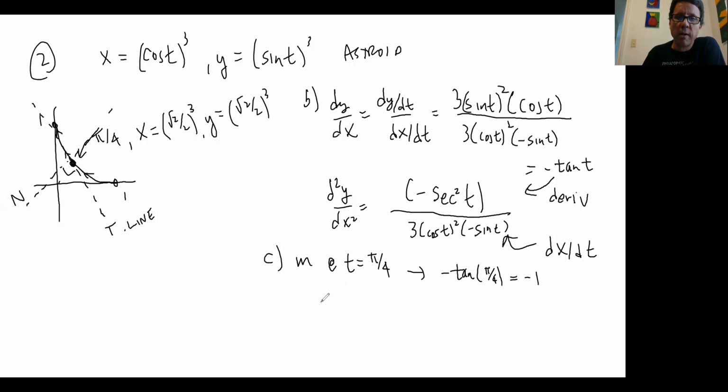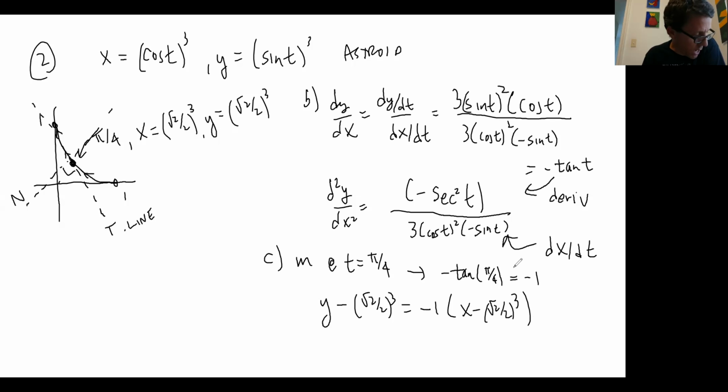So the line will be y minus the y coordinate, square root 2 over 2 cubed, equals the slope, -1, times x minus square root of 2 over 2 cubed. You can leave it like that if you want. If you try to simplify it out, you can. Some people simplified it out and got y equals x, and I'm like, really? Look at the picture. Okay, y equals minus x. No, that doesn't work either. If you left it like that, I would be perfectly fine with that.